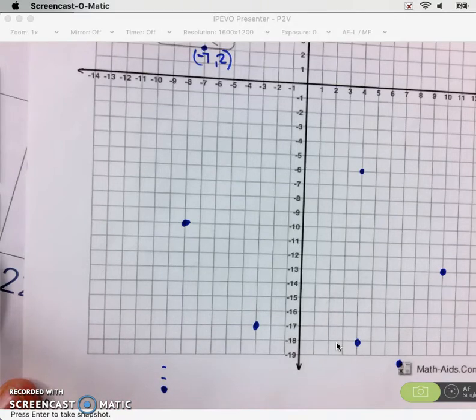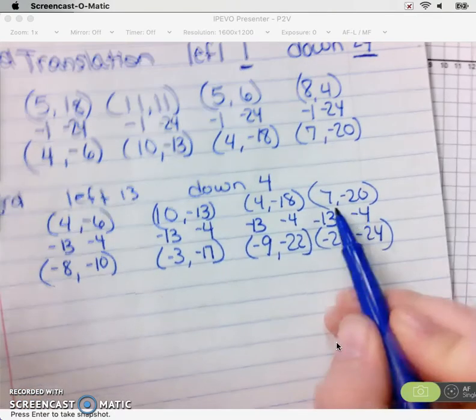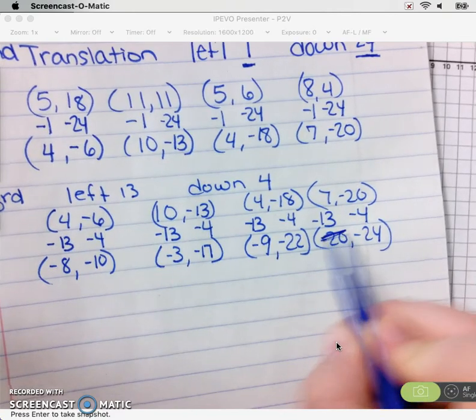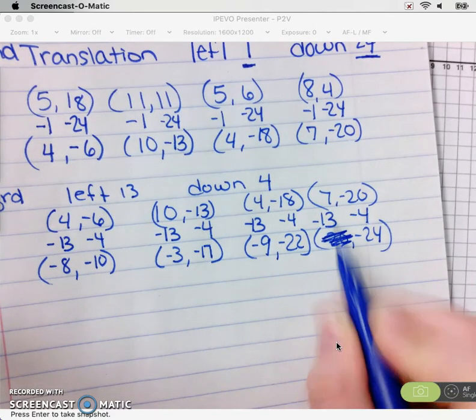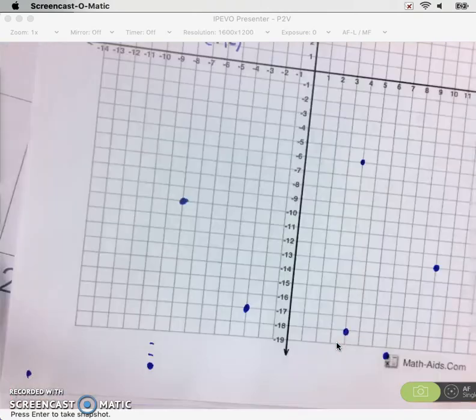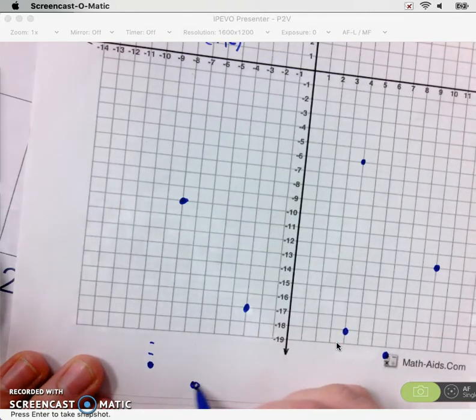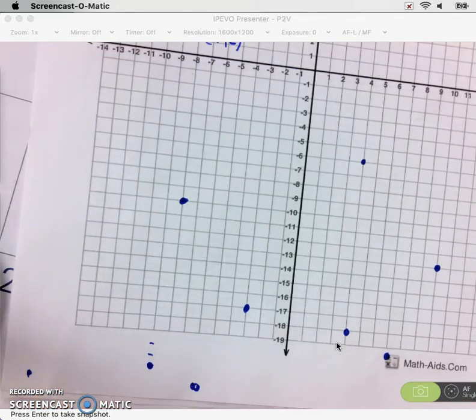I think I might have done my math wrong. Did I do my math wrong? Oh, yeah. Yes. 7 minus 13 is not negative 20. It is negative 6. So negative 6, negative 24 should be way off, like down here, a little bit farther down. All right.